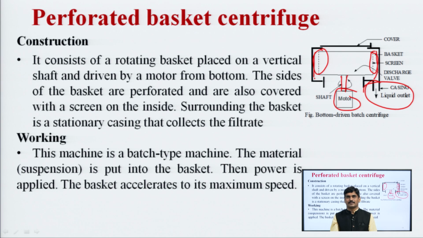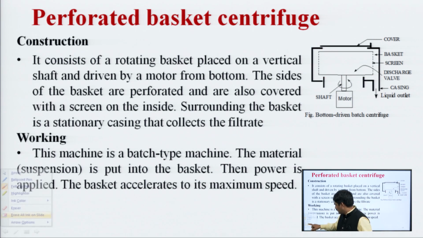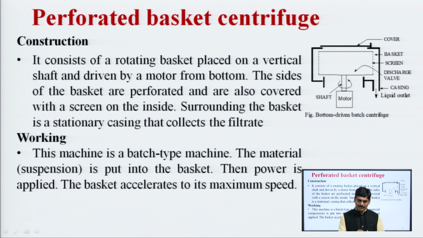So, this equipment is called a batch type machine. The material to be separated is put into the basket, power is applied, and the centrifuge accelerates to its maximum speed.